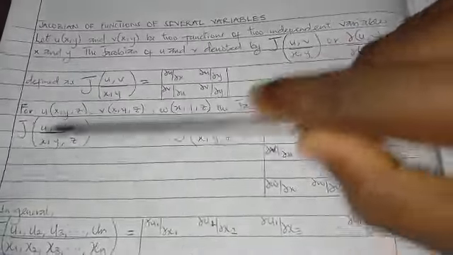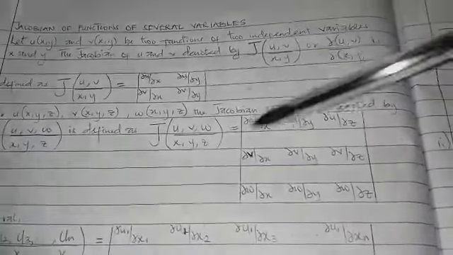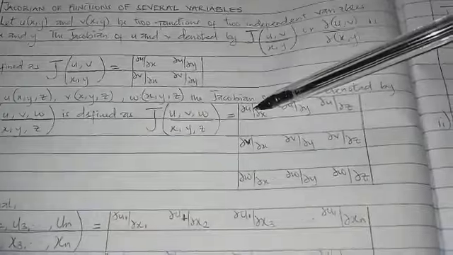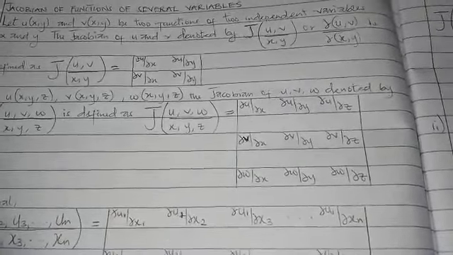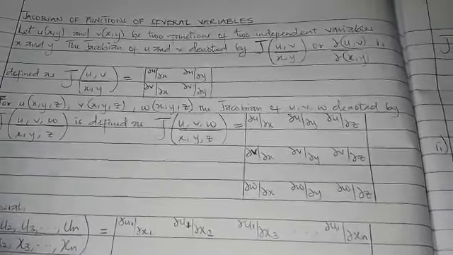The Jacobian of u, v, w is defined as a 3 by 3 matrix: a11 is partial u over partial x, a12 partial u over partial y, a13 partial u over partial z, a21 partial v over partial x, a22 partial v over partial y, a23 partial v over partial z, a31 partial w over partial x, a32 partial w over partial y, a33 partial w over partial z.